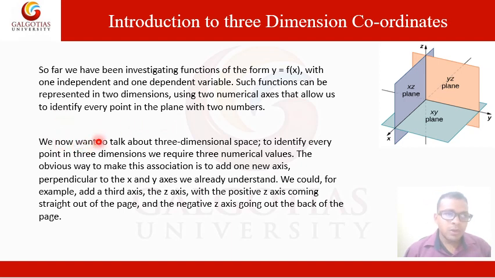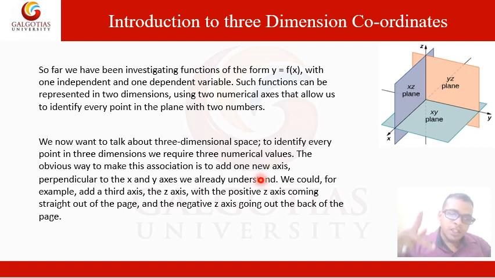Now, we want to talk about three-dimensional spaces. To identify every point in three dimensions, we require three numerical values: the x-axis value, the y-axis value, and another axis value called the z-axis value.